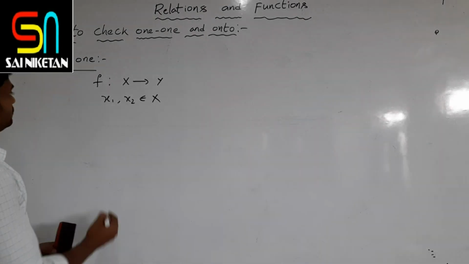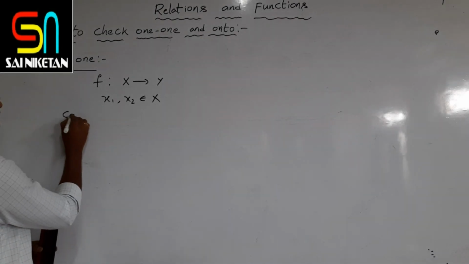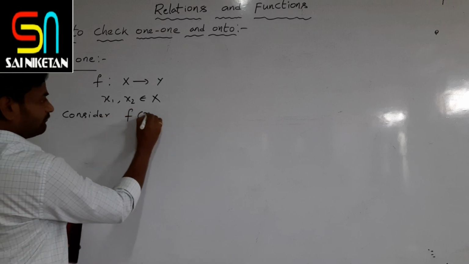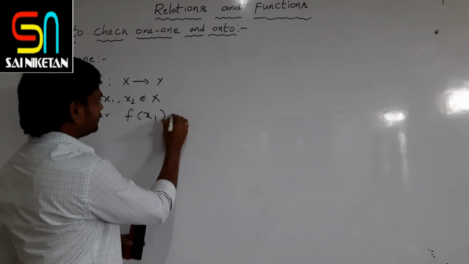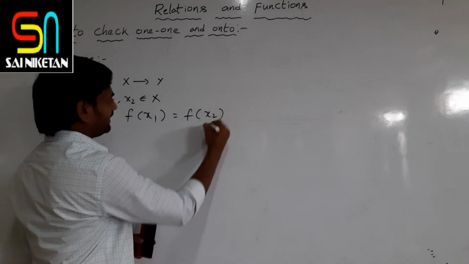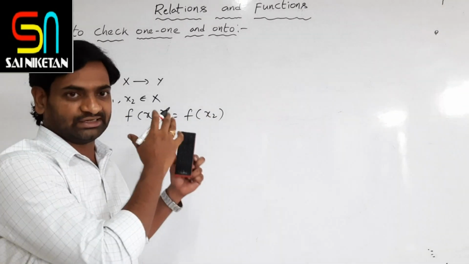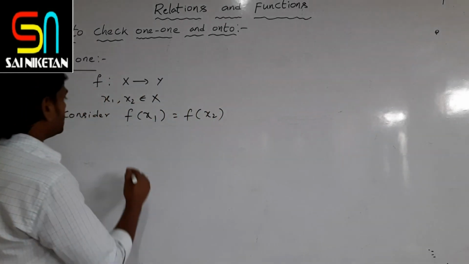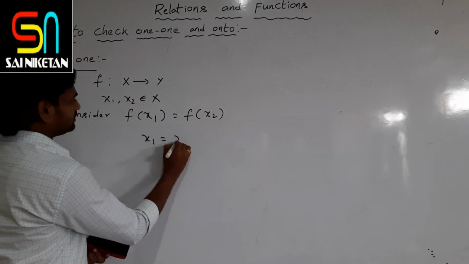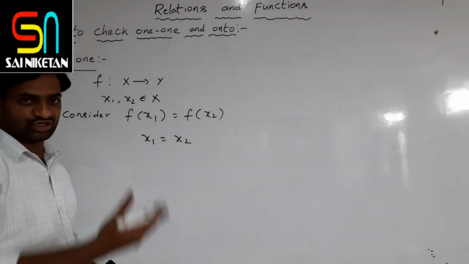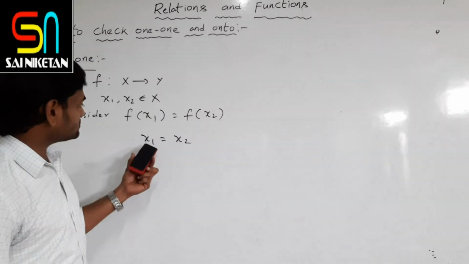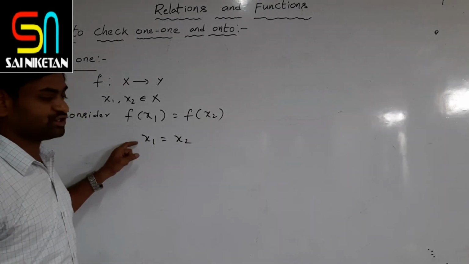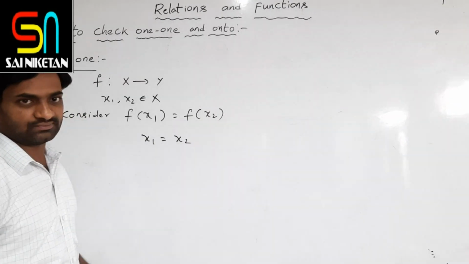Now I have to consider the condition f of x1 is equal to f of x2. If the answer is x1 is equal to x2 after simplification, then we can say that function is one-one function.